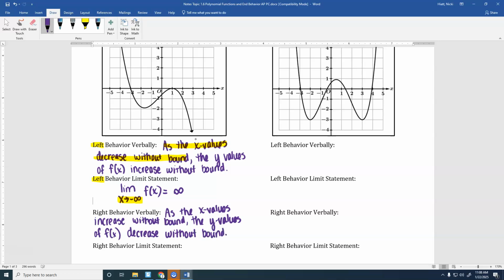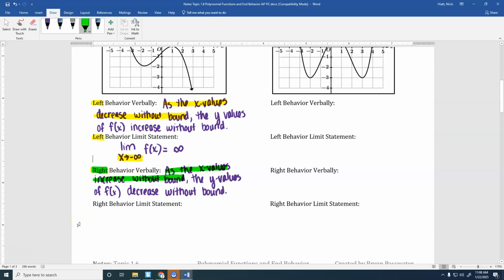So, in a similar manner, if they're asking you for the right-hand side of the graph, let me switch colors here. The right-hand side of the graph is always going to say as the x values increase without bound, because that's where the x values are getting bigger and bigger. That's the right side of the graph. For limit notation, you're going to do the limit as x approaches positive infinity of f of x.